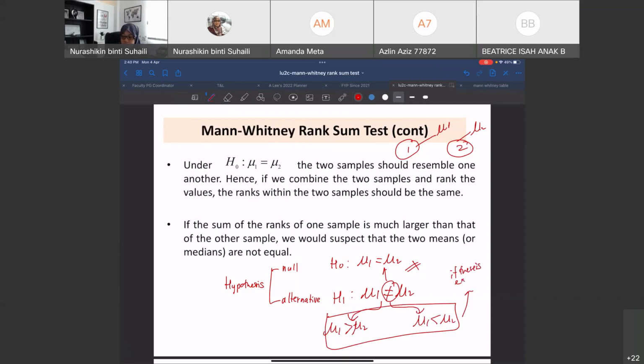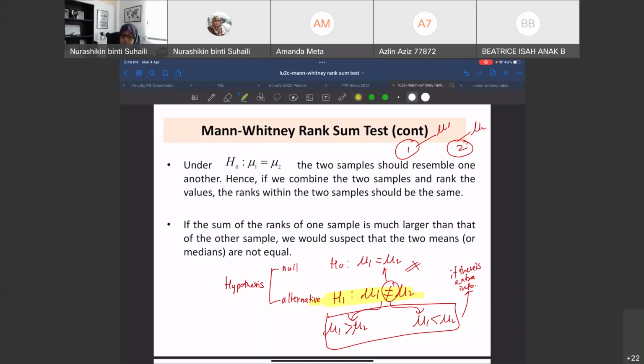If there is no extra information, say the question sounds like: test the hypothesis that there is a significant change between the mean of the two samples. A significant change sounds like you don't know which one is greater and which one is less. In that case, you have to use this one.